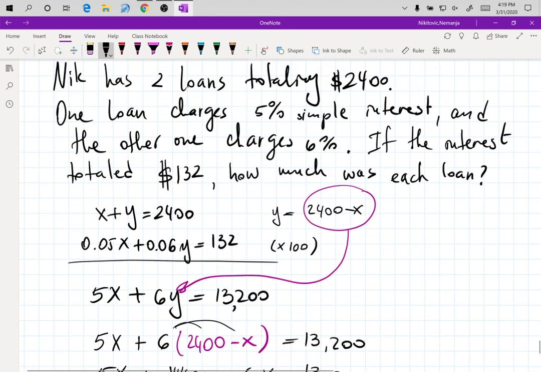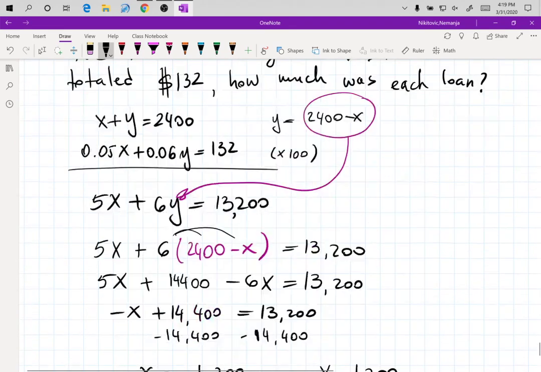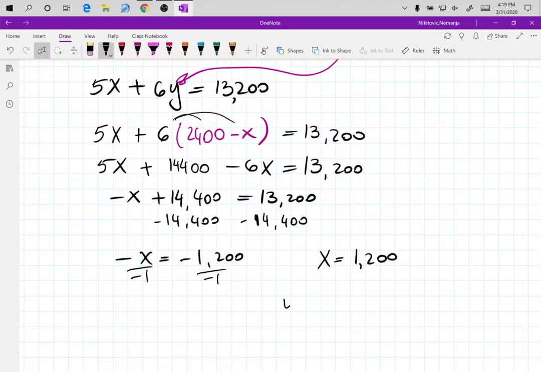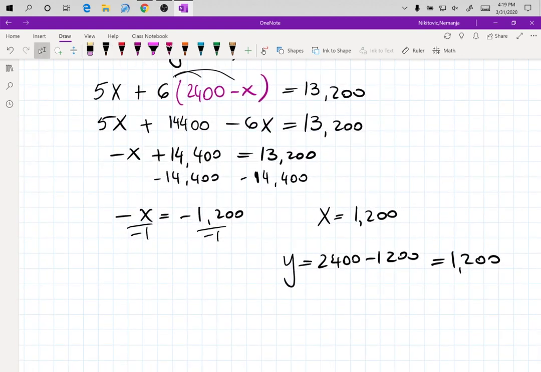Now, since all together we have 2400, that means that y is 2400 minus 1200, which also gives 1,200, right? So the answer, remember, sentence answer for every one of the word problems. Always sentence answer for each one of those. So what do I have as answer?